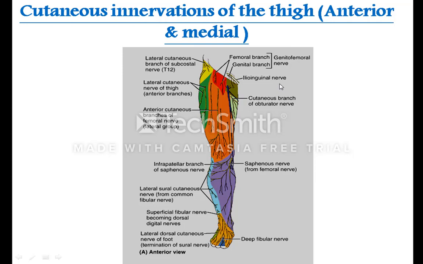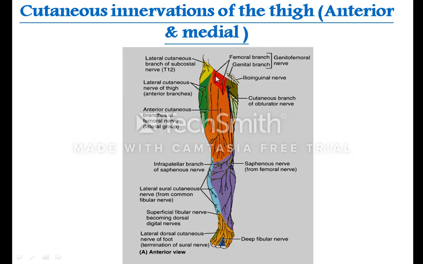So let's talk first about the cutaneous supply of the skin of the thigh. We mainly focus here on the anterior and medial, as we discussed the posterior in the previous slides. This is the anterior thigh.